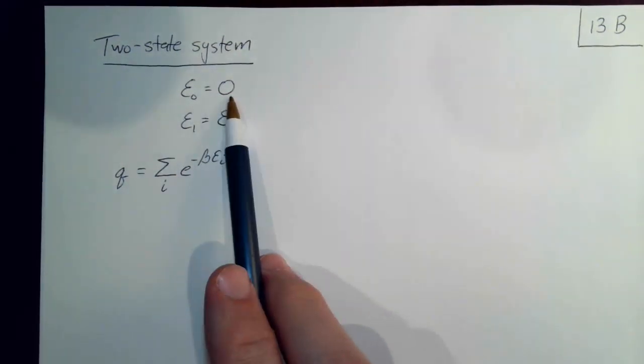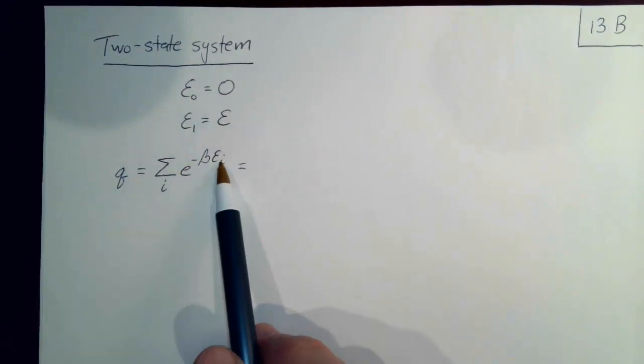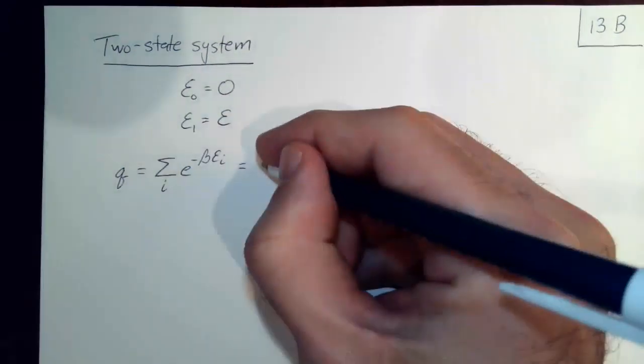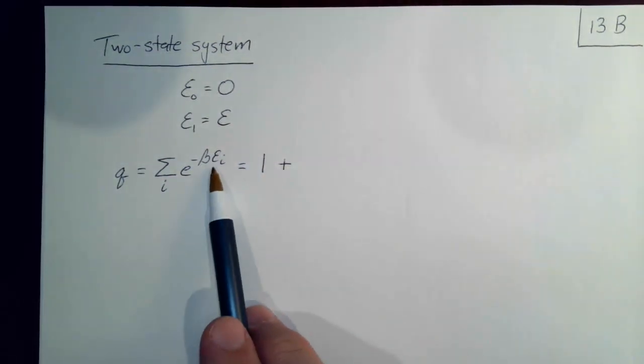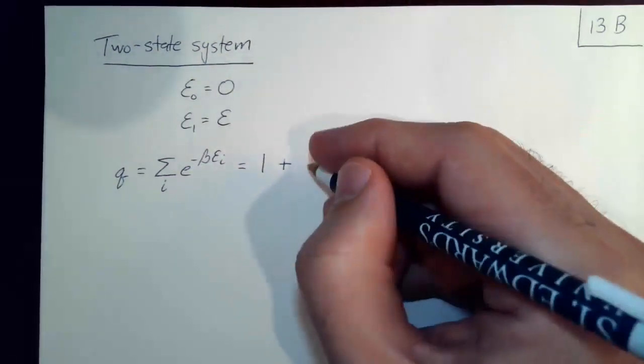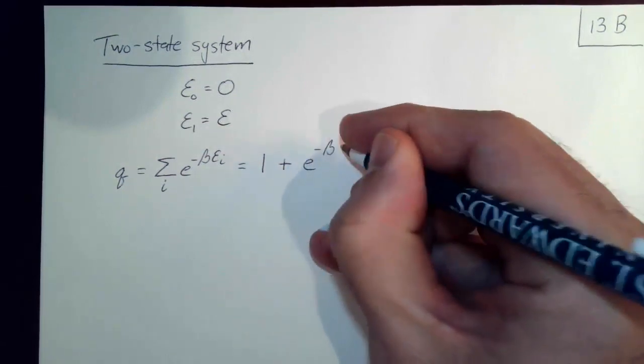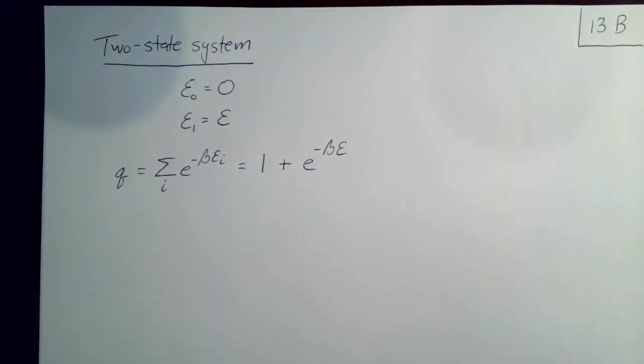So the first one is when i is 0, epsilon i is 0, so we just get 1 for the first term, plus the second term, epsilon 1 becomes epsilon, so I have e to the minus beta epsilon. And that's it for the partition function for this two-state system.